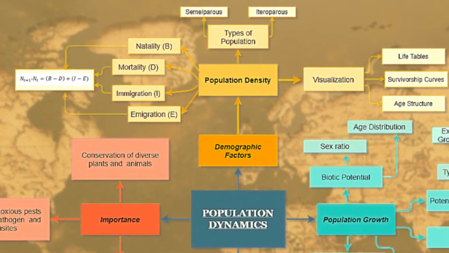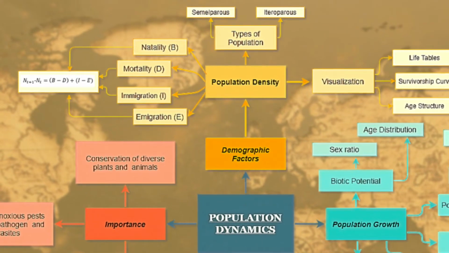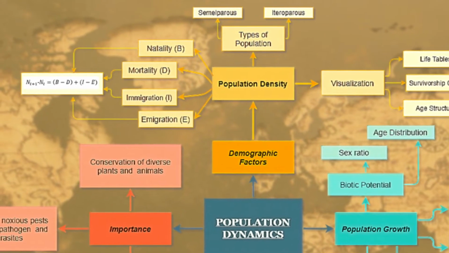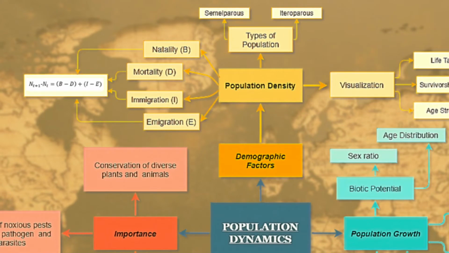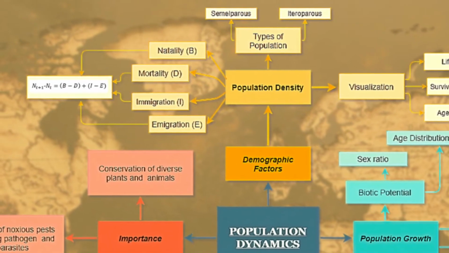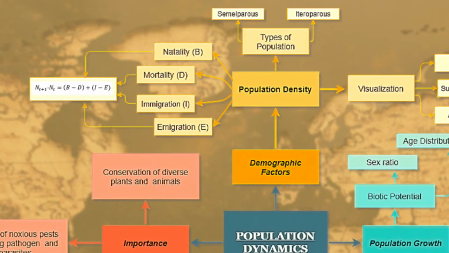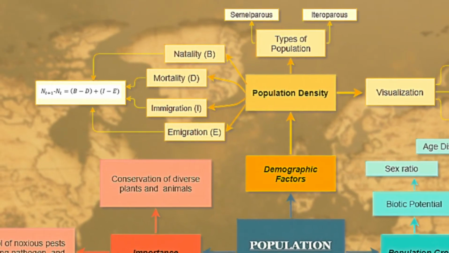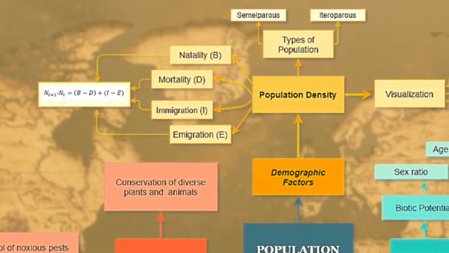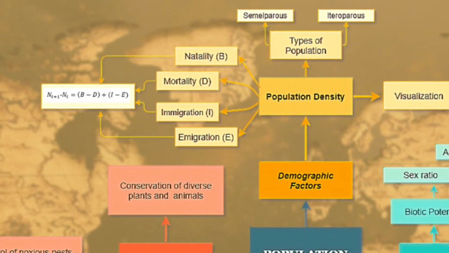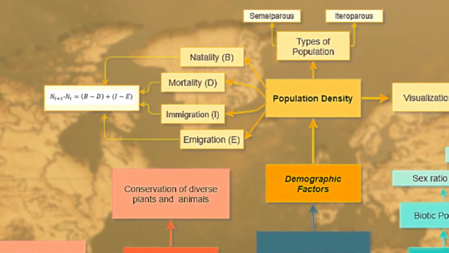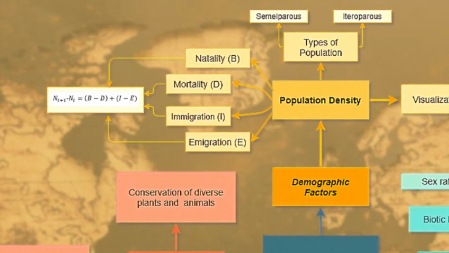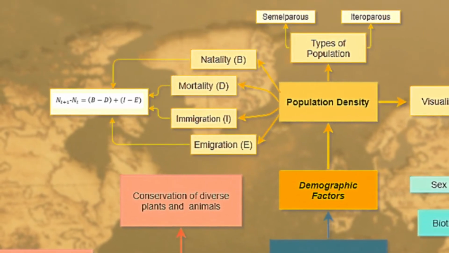per unit of area. Under this are natality, mortality, immigration, and emigration. And the formula for this is N sub t plus 1 minus N sub t equals (B minus D) plus (I minus E), wherein N is the number of individuals in the population, t plus 1 is the population at the future, and B is the per capita birth rate.